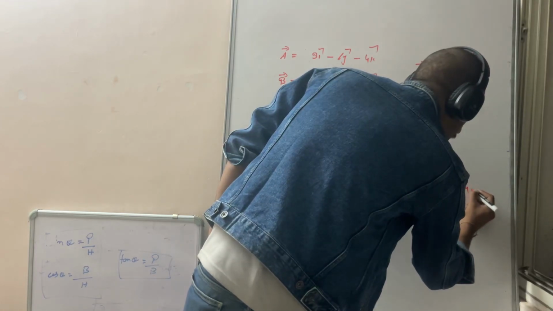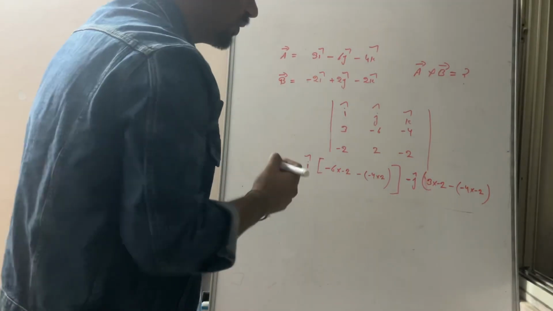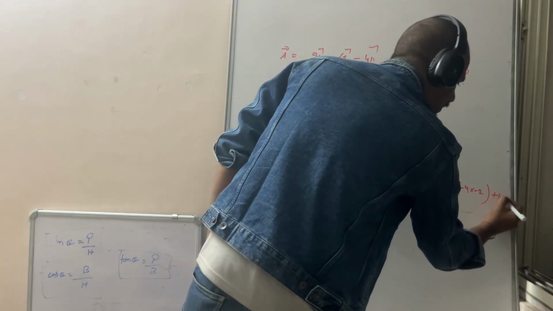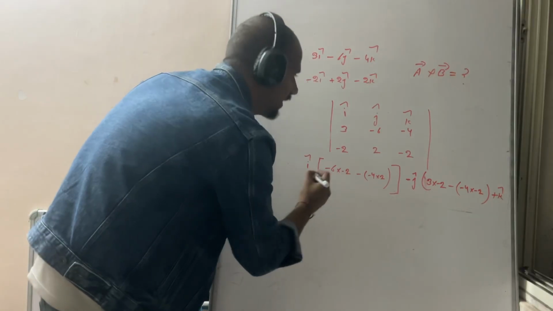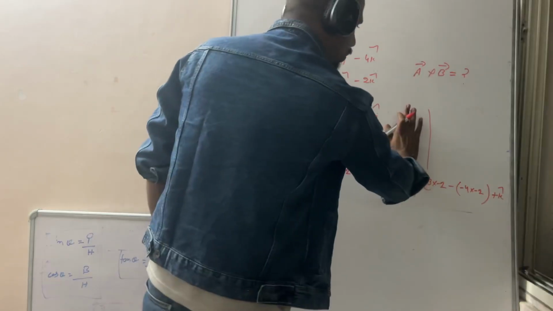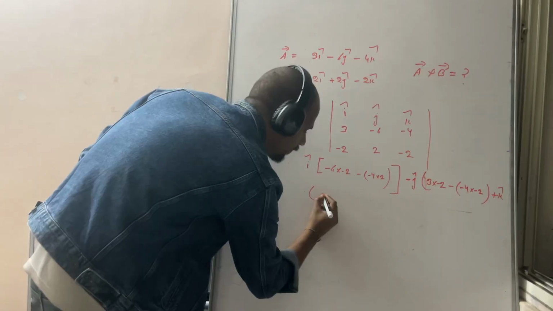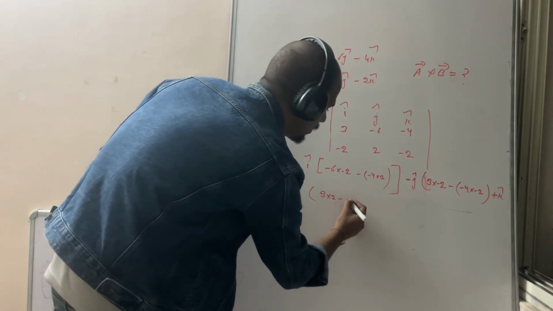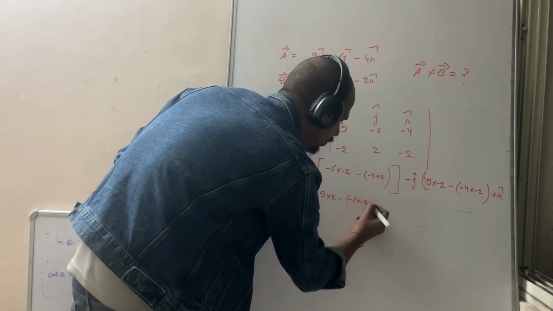Then plus again for K. For K, the same thing: forget about the numbers below K. So 3 times 2 minus 6 times minus 2.